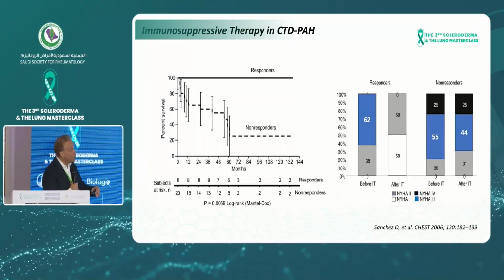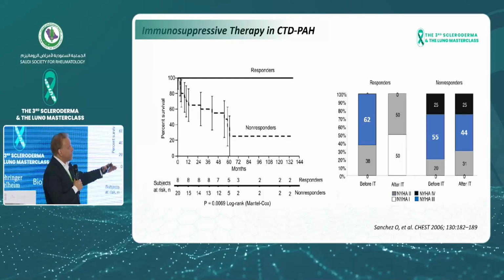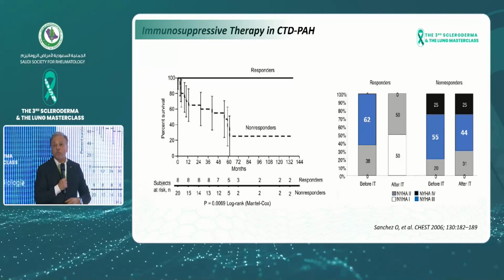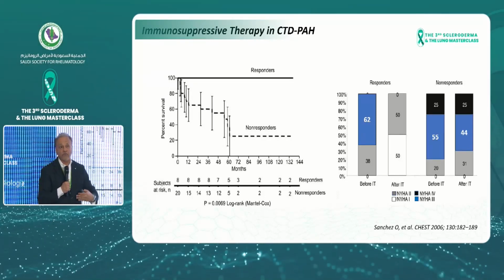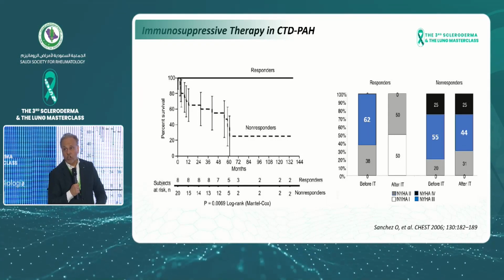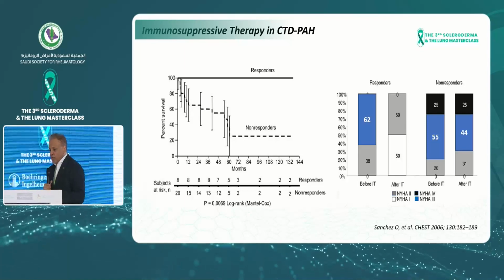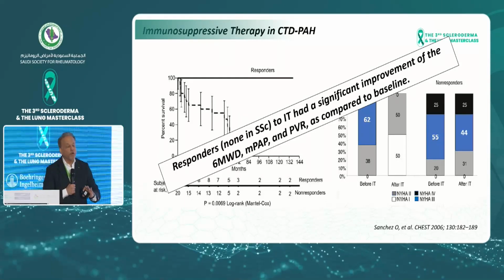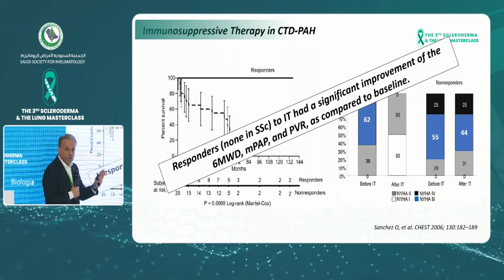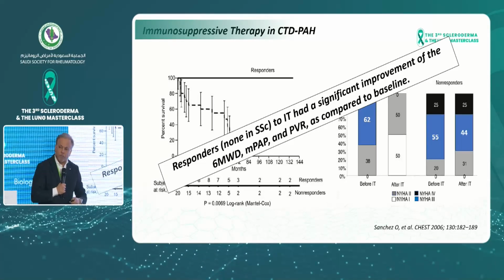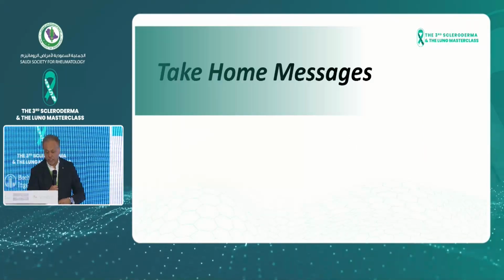Those who responded to immunotherapy had far better survival and better improvement in their functional class compared to those who did not respond. So yes, immunotherapy has a role, but probably not in scleroderma PAH, and that is probably understandable because of the nature of the disease.